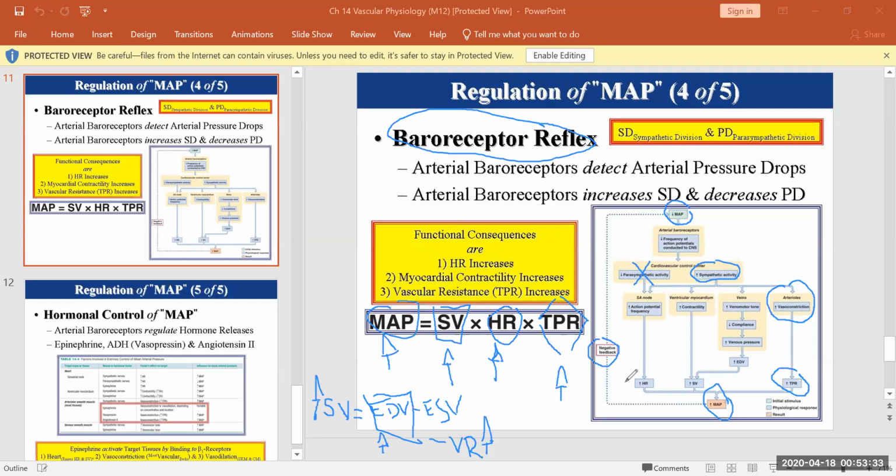And that reestablishment is done by the sympathetic division of the autonomic nervous system, the fight or flight division of our visceral motor division of the nervous system. Okay.